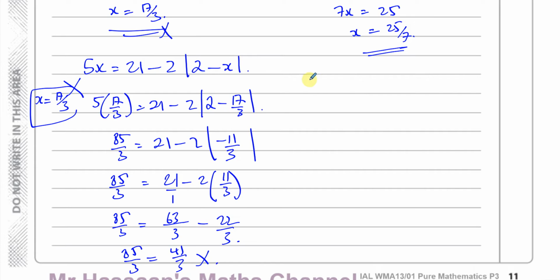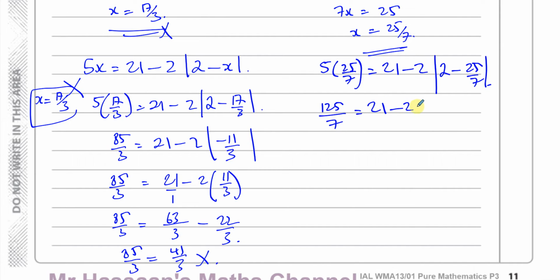And if we were to test 25 over 7, we have 5 times 25 over 7 equals 21 minus 2 times the modulus of 2 minus 25 over 7. So let's see what this gives us. That gives us 125 over 7 equals 21 minus 2 times the modulus of 14 over 7 minus 25 over 7.